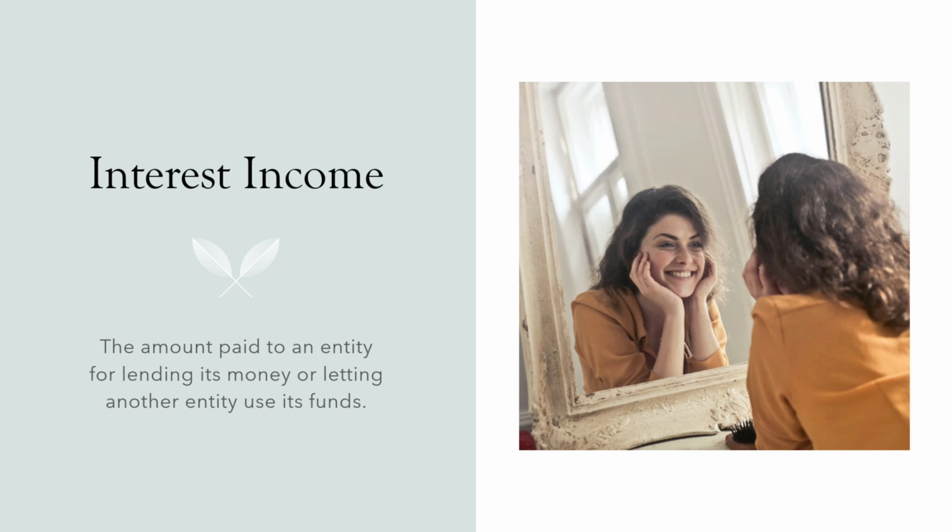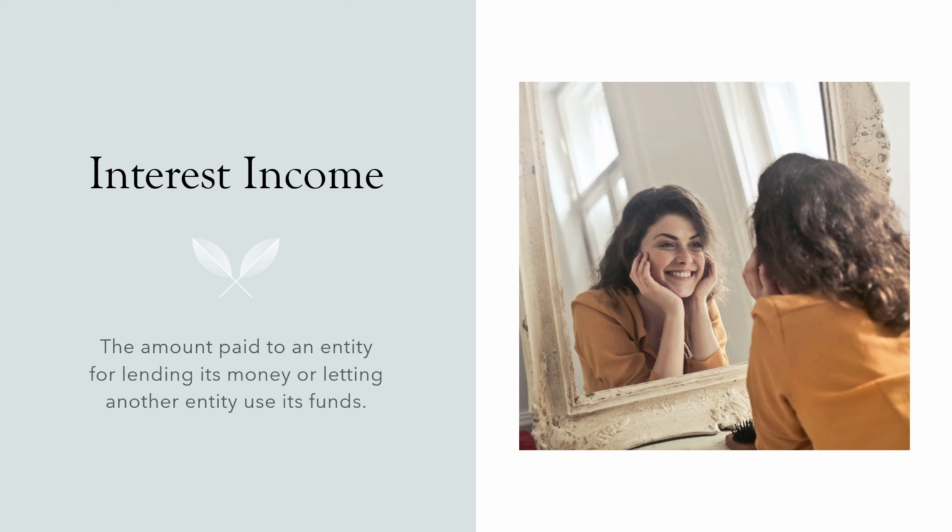So that's why we see the mirror here. What we're going to do is be on the other side. So instead of paying interest, we're also going to be receiving interest. You can receive interest from an individual, a lending institution, governments, and other businesses.